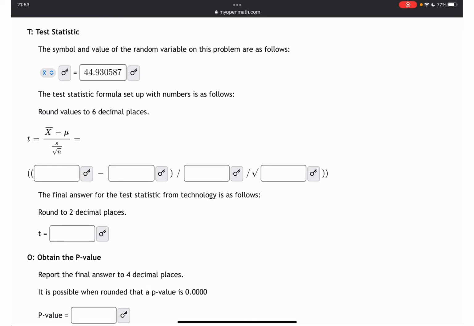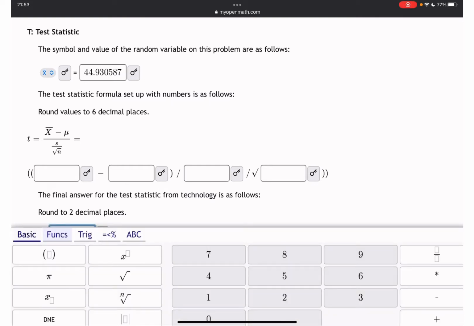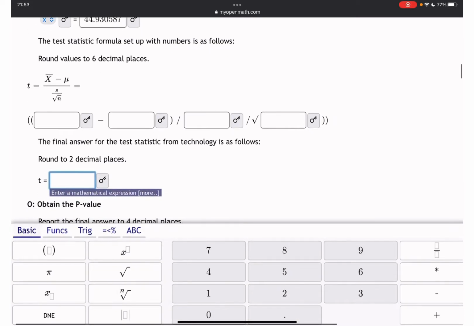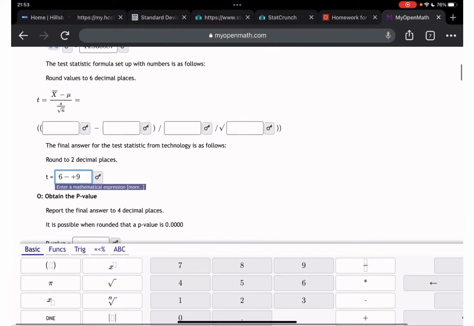It's not a big deal, but I can write it down. Here is the t-test. It was negative, right? Okay, hold on.